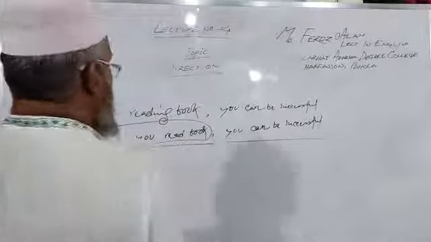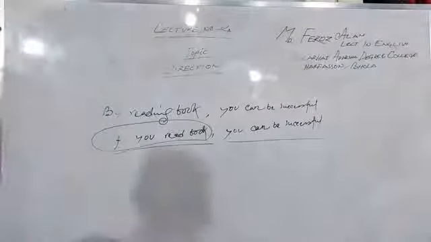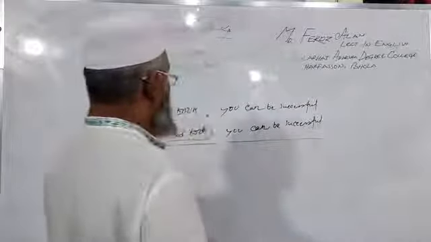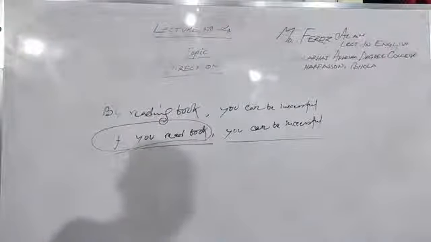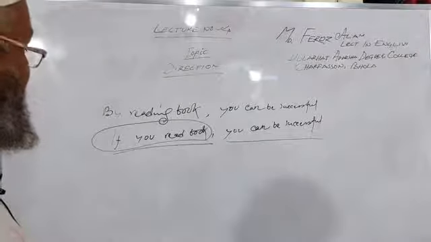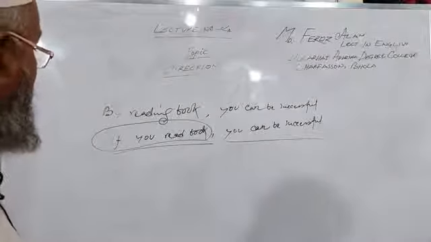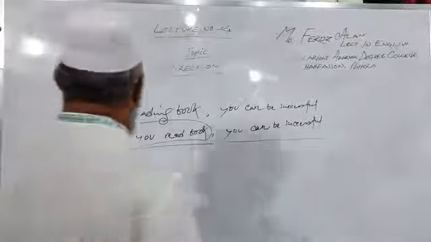This is a principal clause and this is a subordinate clause. In this way, you can make a complex by the help of by-gerund, and when you find by-gerund, you can take help from the conjunction if.